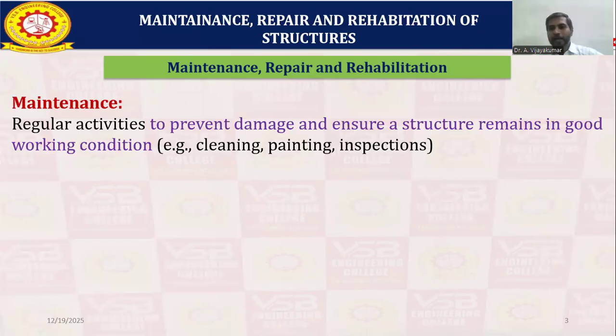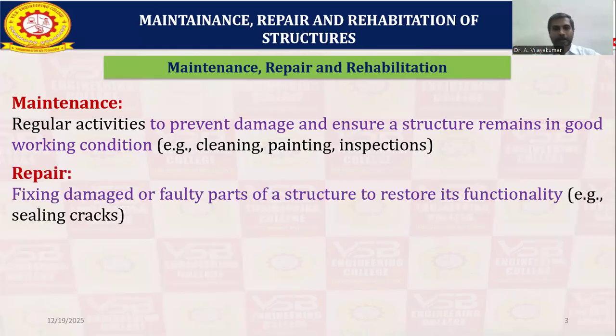While talking about maintenance, it is regular activities, like day-to-day, weekly, monthly, or yearly activities, followed regularly to prevent damage and ensure our structure remains in good working condition throughout its life. For example, day-to-day maintenance includes cleaning of the structure, painting, and various inspections. All this comes under maintenance.